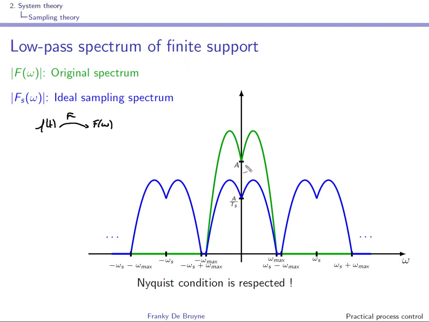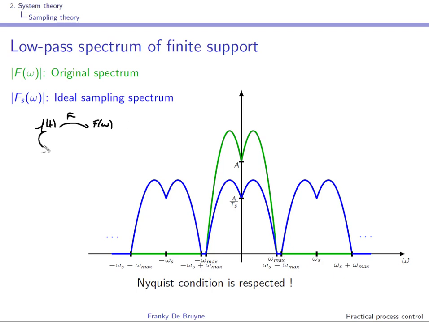This is a so-called band limited signal. Above a certain frequency the frequency content is 0. Of course in practice you will always have a little frequency content, but we'll assume here that we have removed everything above omega max.